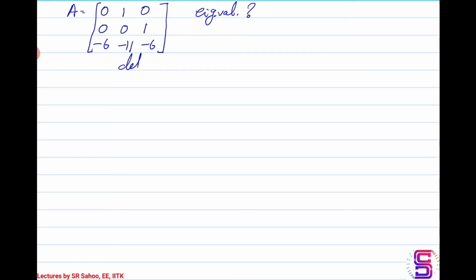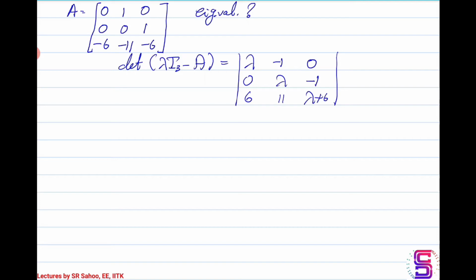So here I take the determinant of lambda I3 minus A, which essentially is the determinant of this matrix. I'm going to label this as the capital delta of A. The characteristic polynomial, if I solve this, is lambda cube plus 6 lambda square plus 11 lambda plus 6.